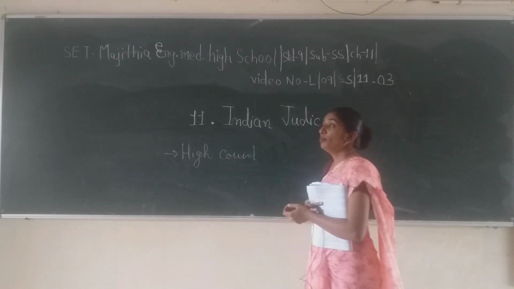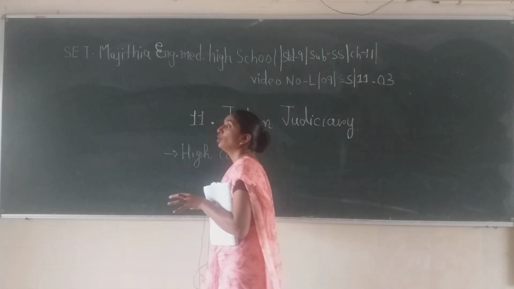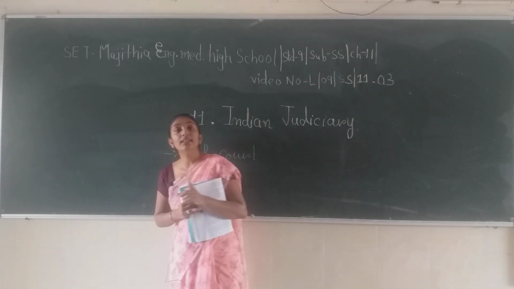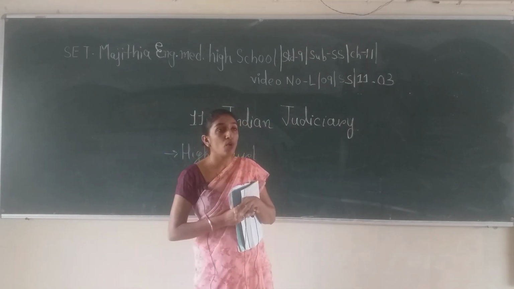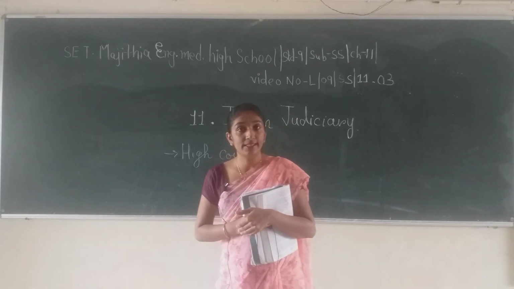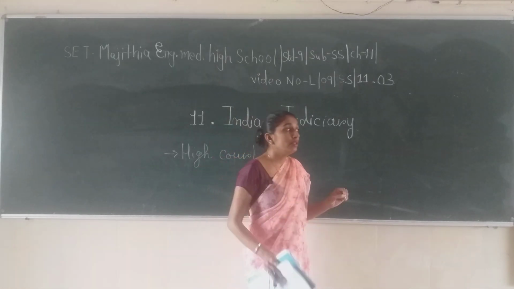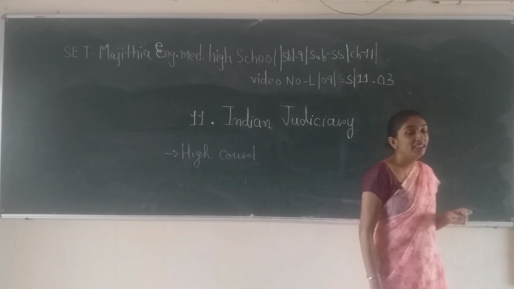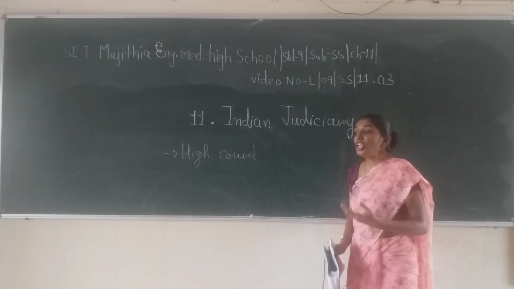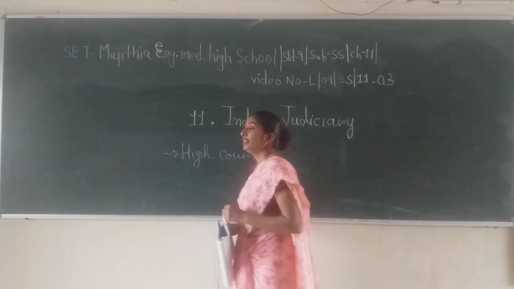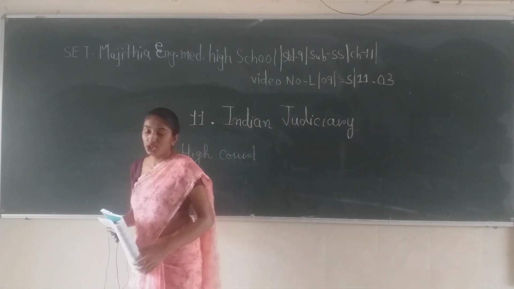He can form this for one state or two or three states together and have only one High Court between these small states. Okay. The process of judgment can be carried out in regional language or it can be carried out in English.